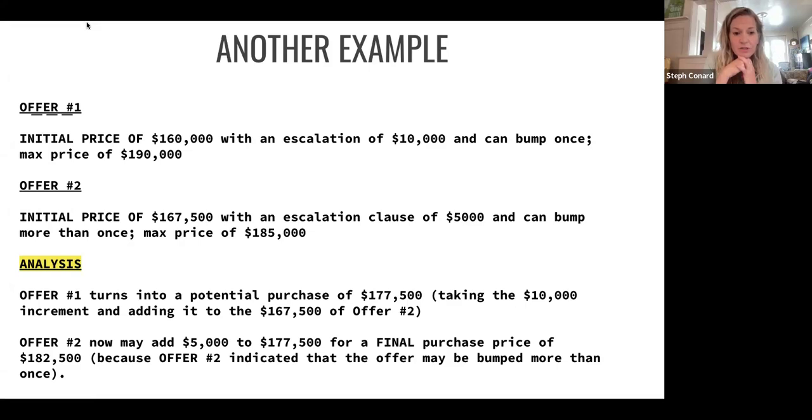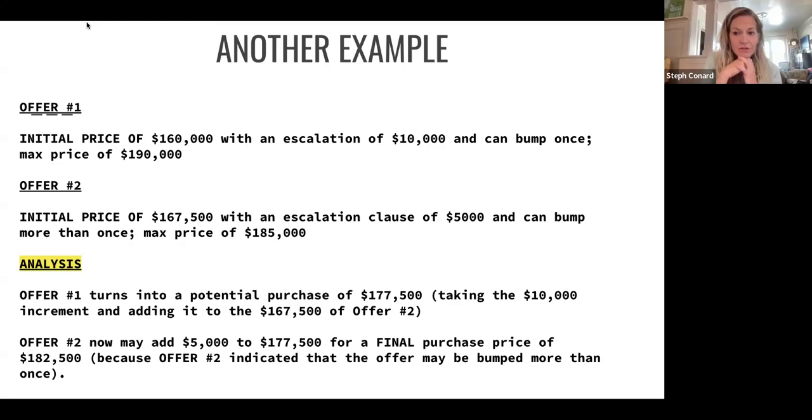Offer number one turns into a potential purchase price of 177.5 by taking that $10,000 increment and adding it to the 167.5 of offer number two. Now, offer number two may add $5,000 to get 177.5 for a final purchase price of 182.5, because offer number two indicated that the offer may be bumped more than once.